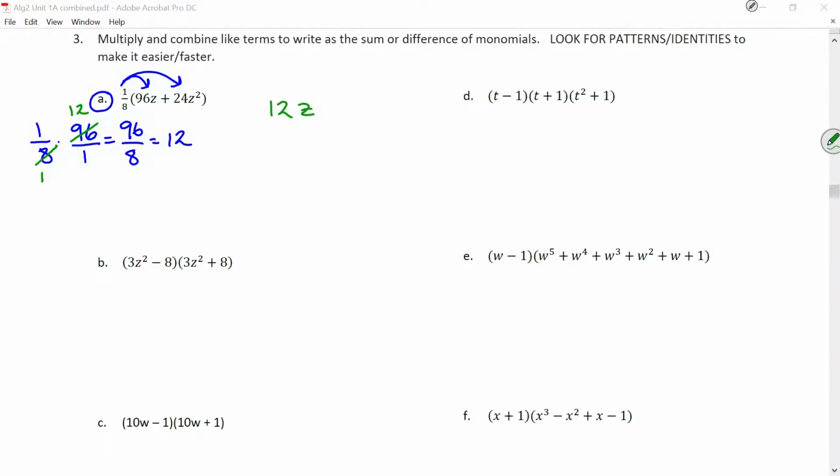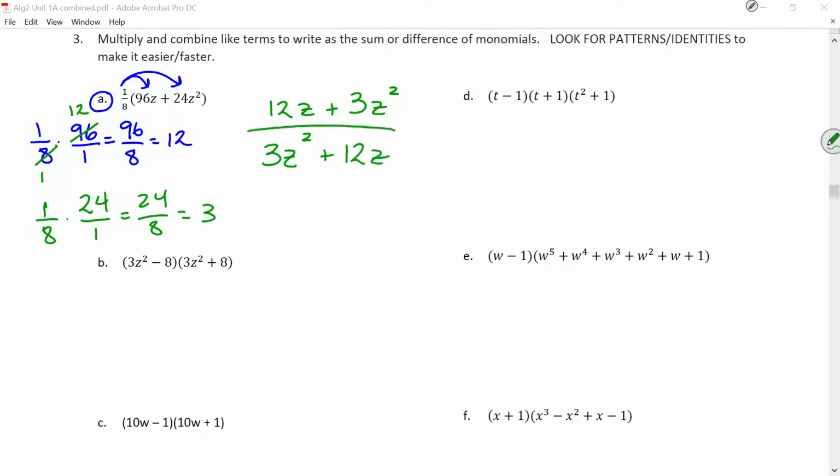Okay, and then 1/8 times 24 is you get 24 over 8, which divides to be 3. Okay, and so we get plus 3z squared. Okay, now this is not in standard form because I have the z squared after the z, and so I'll rearrange these just to put it in standard form for my answer to get in the habit of doing that. And that is my answer for this one.